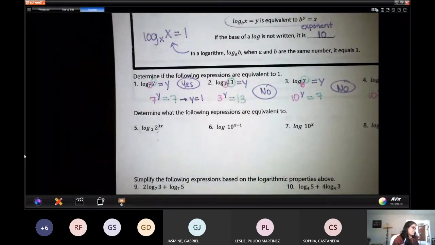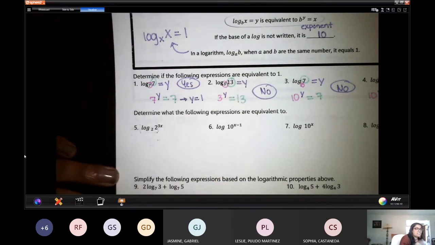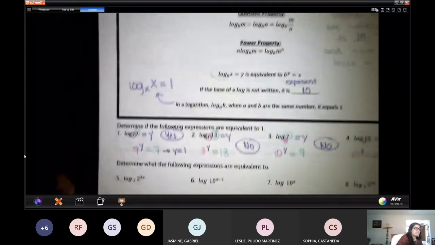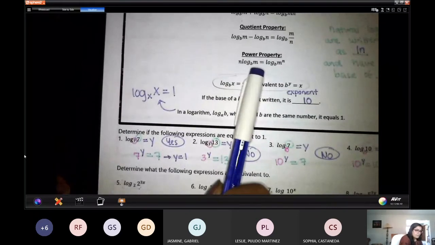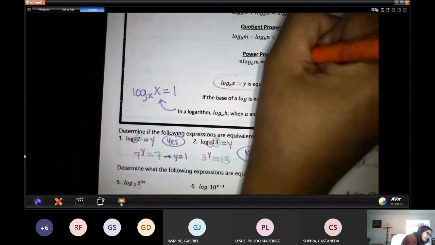So before we do that step, which I was too excited about, we want to deal with the power first, right? Because PEMDAS, we do powers, exponents, first. And so for that, we're going to use the power property. What happens with the power property, I'm going to do that in orange, is this n moves over.